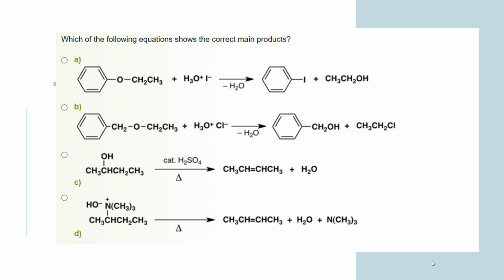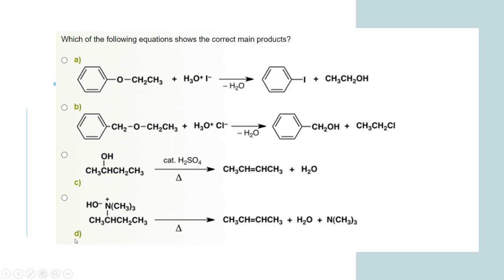So again, in this question you are given four chemical equations. Which of the following equations shows the correct main products? So this time you are given four reactions, and now you have to see which one of these is showing the correct main products. In the previous one we identified the wrong main product, and this time we will see the correct main products.